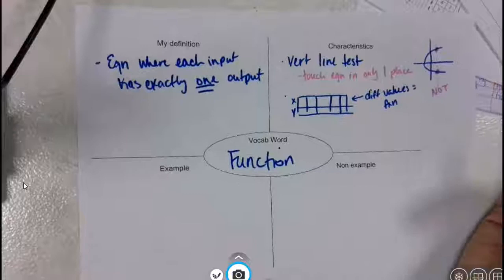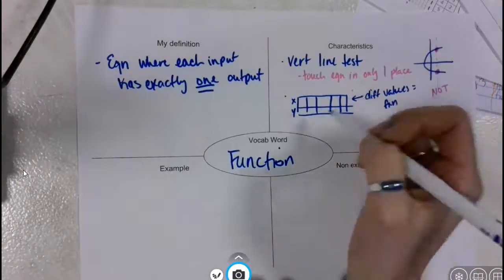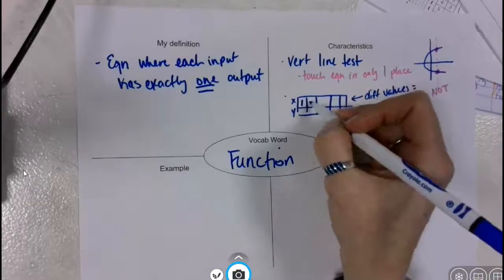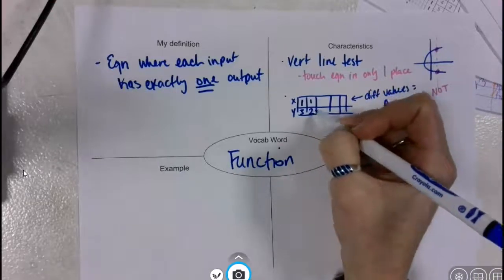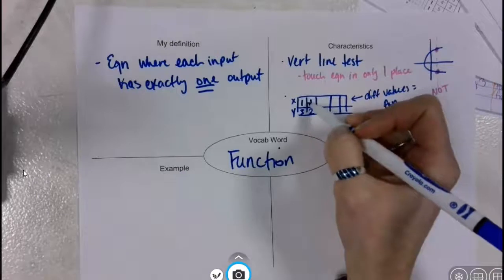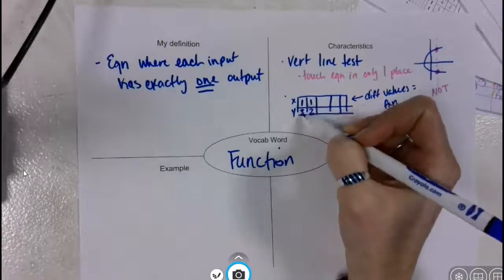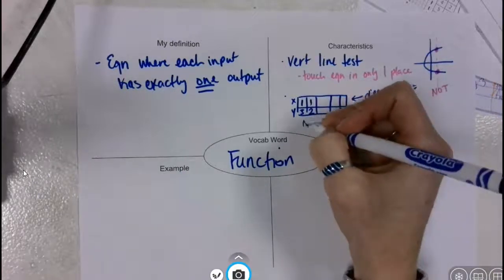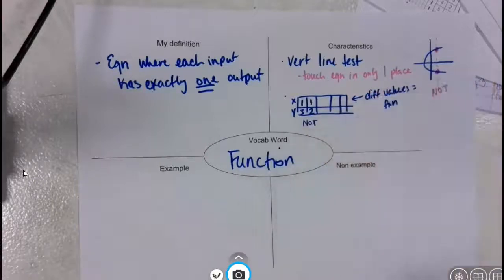And I abbreviate function as fxn. That's just how I can recognize it and see it. Okay. So if I was to have something like this, if I had 2 1s and a 3 and a 2 here, we see that my input here is 1, but I put that in and I get 2 different things. So this example right here would not be a function.